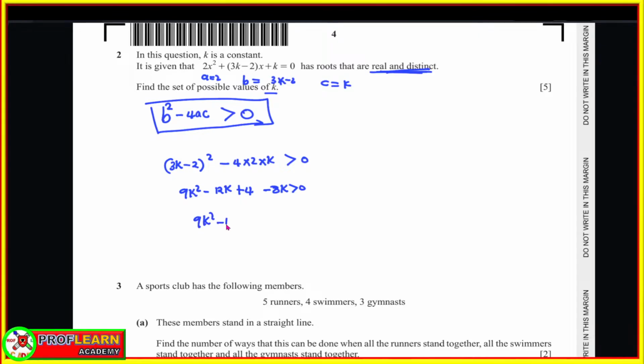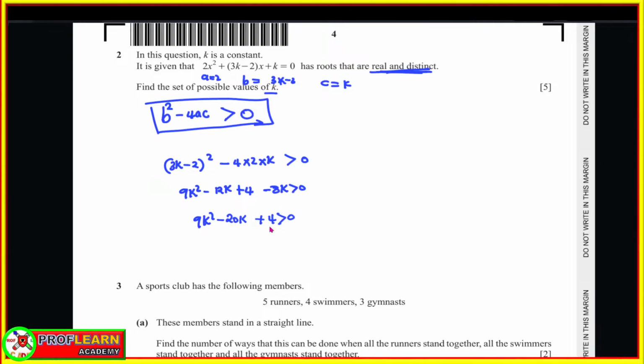So 9k squared minus 20k plus 4 is greater than 0. So that is the inequality you are going to solve.